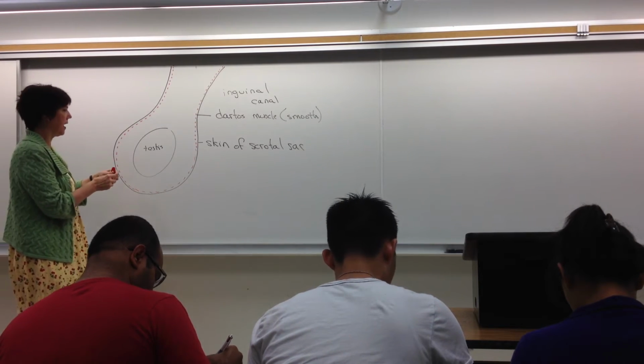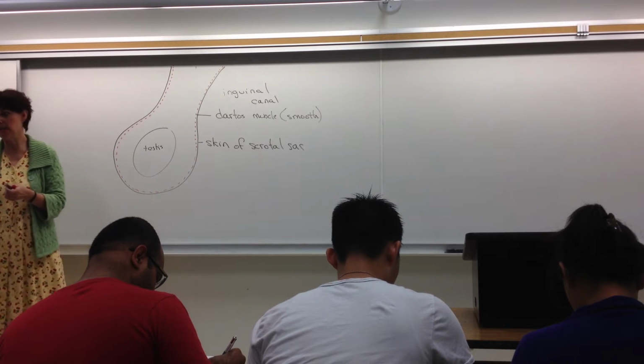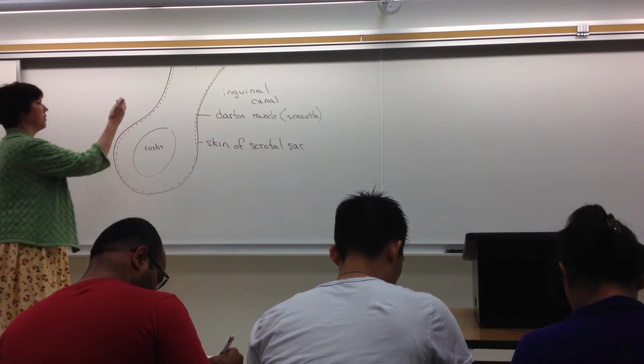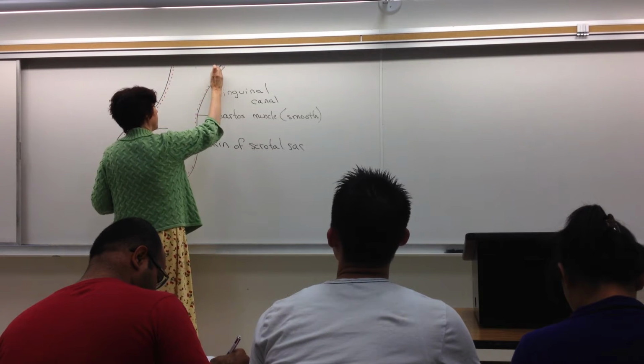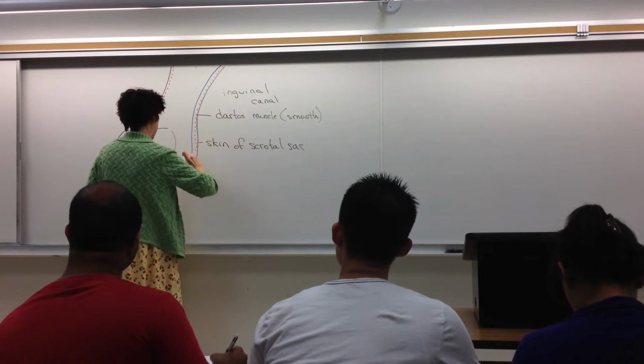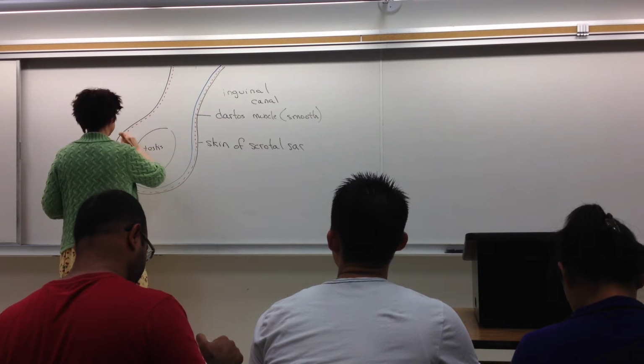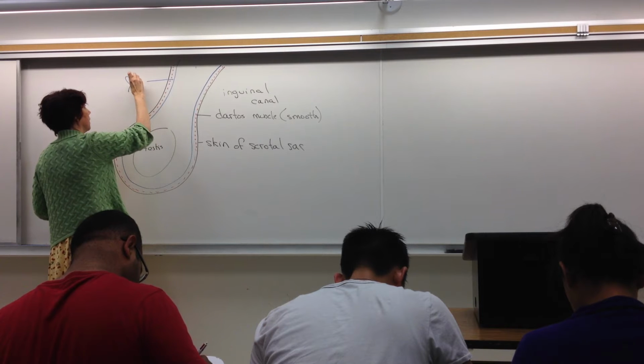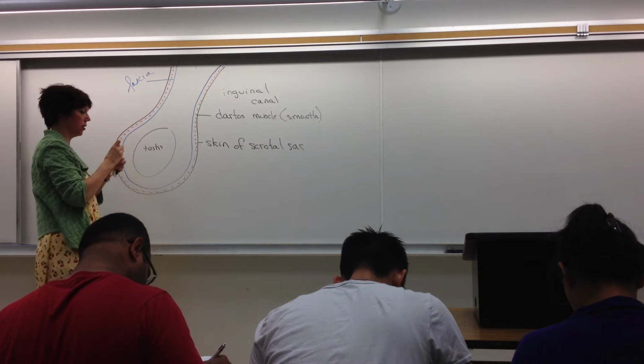Then we have the layer of the external abdominal oblique fascia, which I'm not going to label because you don't need to know it. Fascia is just a sheet of connective tissue.